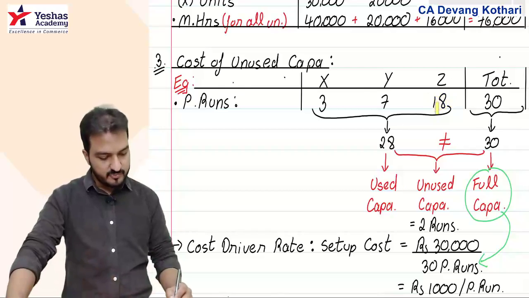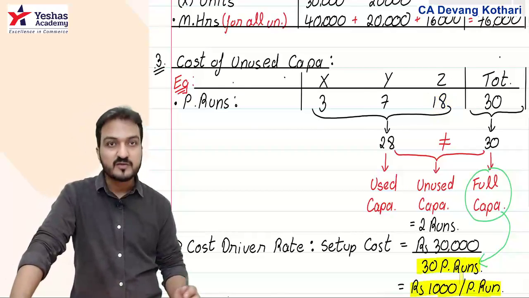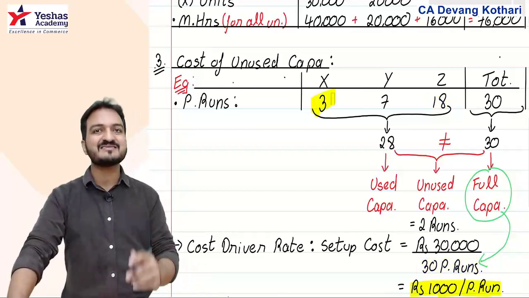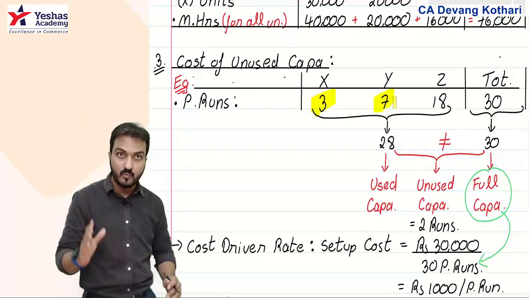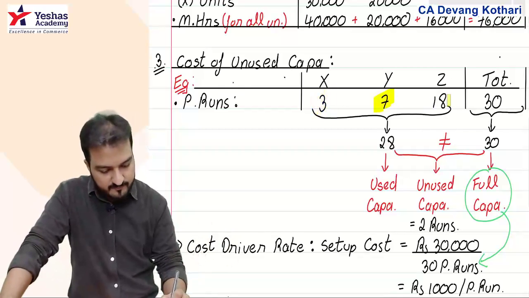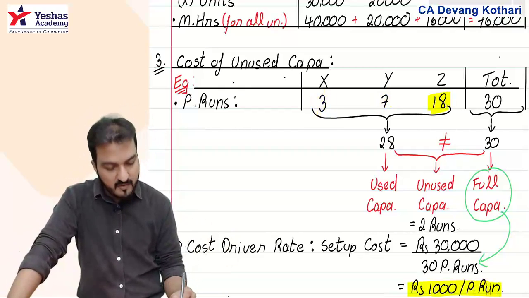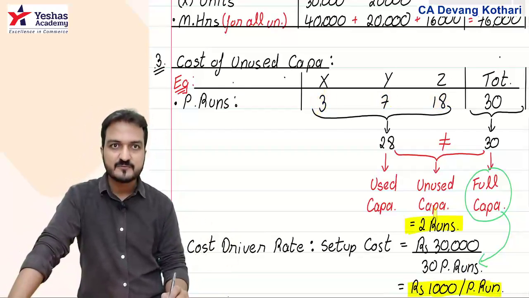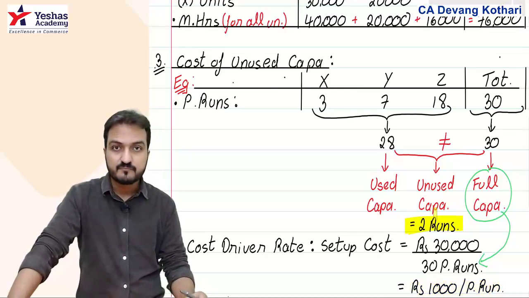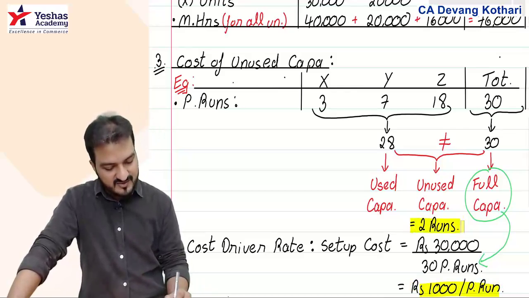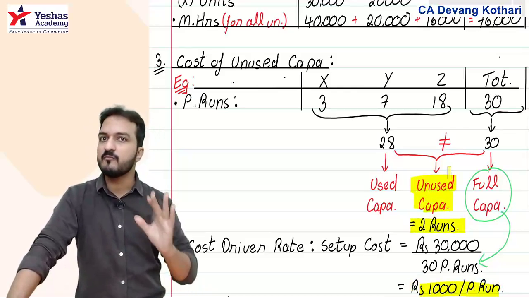So out of 30 production runs, costing me 1000 per run, 1000 per run for 3 runs is recovered from X, for 7 runs from Y, and for 18 runs from Z. This means that 1000 per run from 2 runs is not recovered from anyone.